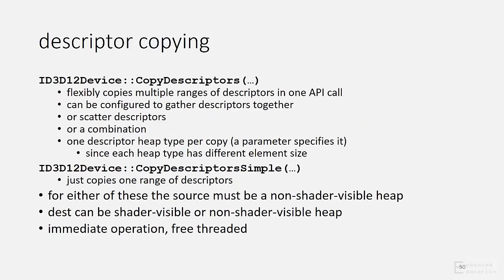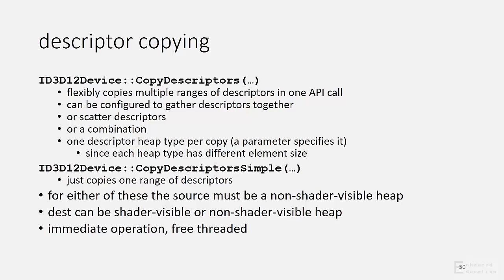Here are the methods for copying descriptors around. Just like descriptor creation, these copy methods are immediate and can be free-threaded. This first method, CopyDescriptors, actually has a complicated set of parameters not shown here, which allow for all kinds of operations like gathering descriptors, scattering them out, or some combination of them all in one API call.